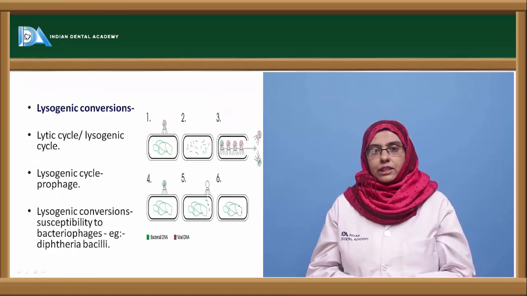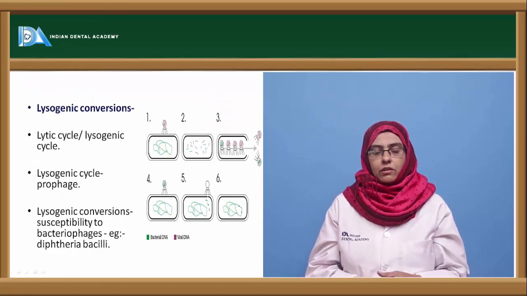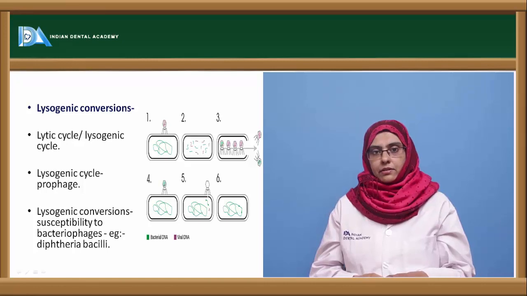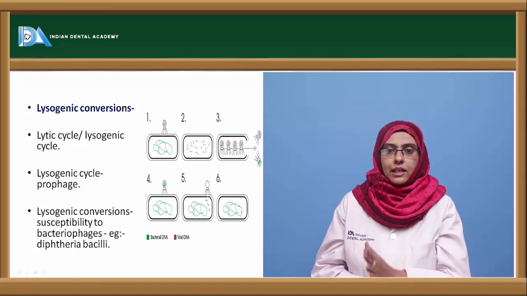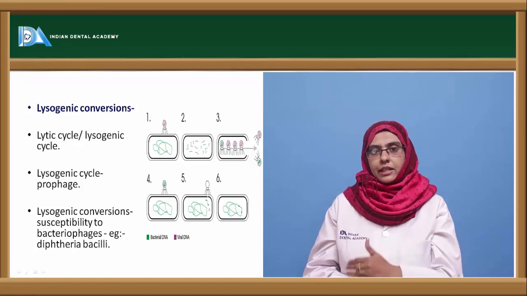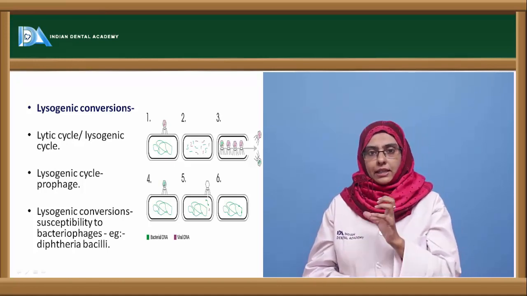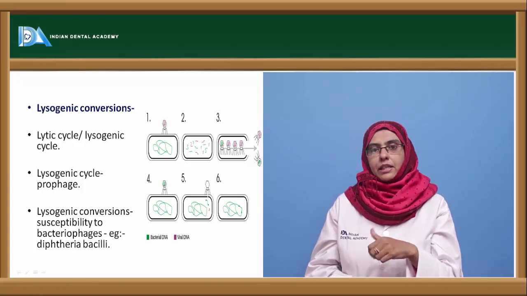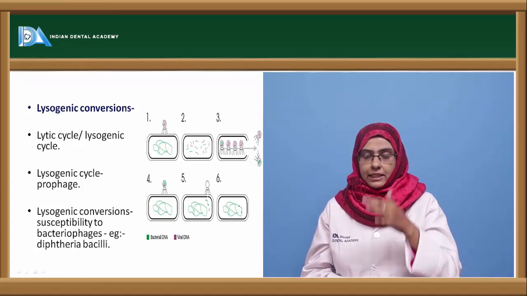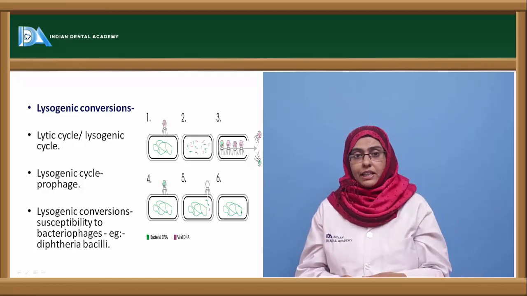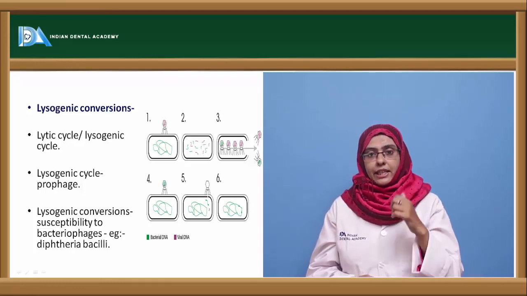Now coming to lysogenic conversion, it is also part of the bacteriophage life cycle, as I told you, lytic cycle or lysogenic cycle. In the lysogenic cycle, they get integrated into the bacterial chromosome, and it is called a prophage, and the bacteria is called lysogenized bacteria. These lysogenized bacteria usually bring about lysogenic conversions.